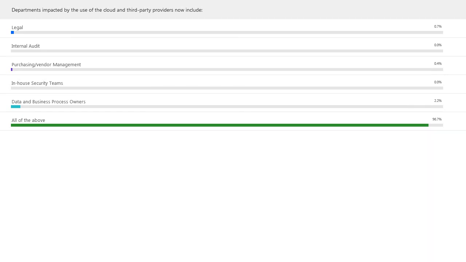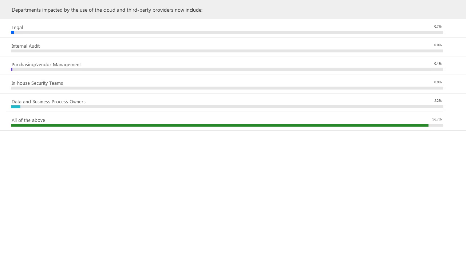So if you think about this, the legal department, they need to be involved to ensure that the organization is meeting obligations to business partners and regulatory agencies by using cloud service providers. When you think about internal audit, when conducting control audits, internal audit needs to consider the IT environment that is, in a lot of aspects, beyond the immediate management control of the organization.